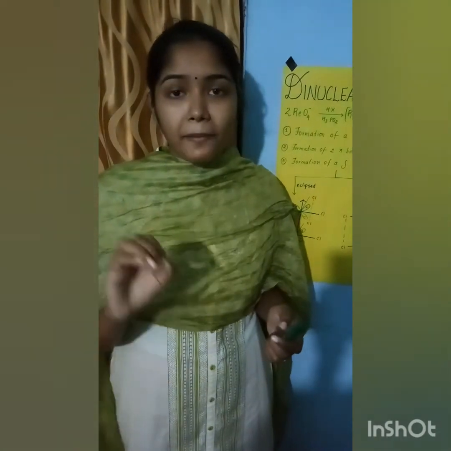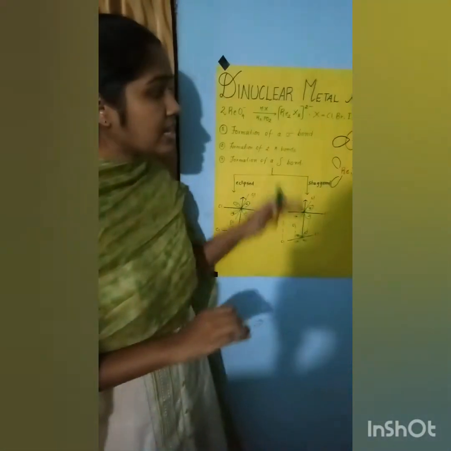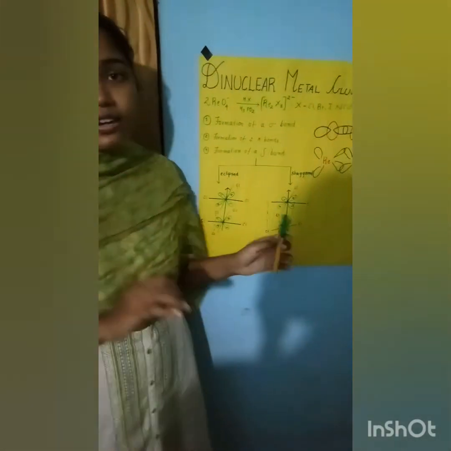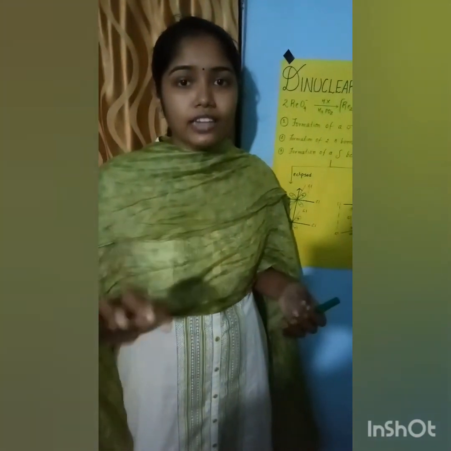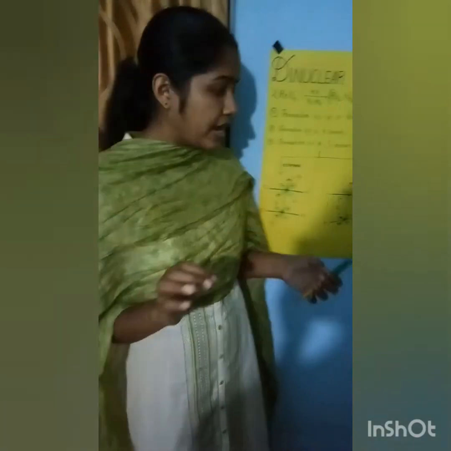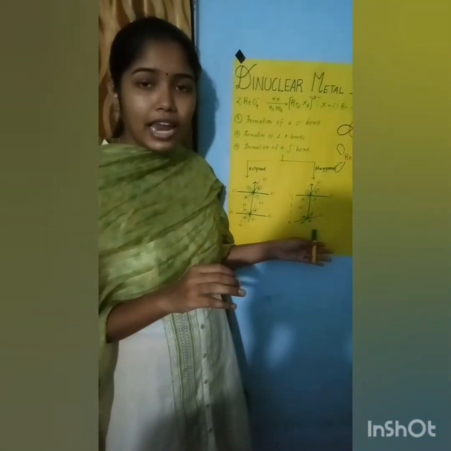Hence, Re2Cl8 2- is diamagnetic. By these assumptions, Cotton successfully accounts for the strength of the bond, the extremely short Re-Re distance and the quadruple bonding in Re2Cl8 2-.